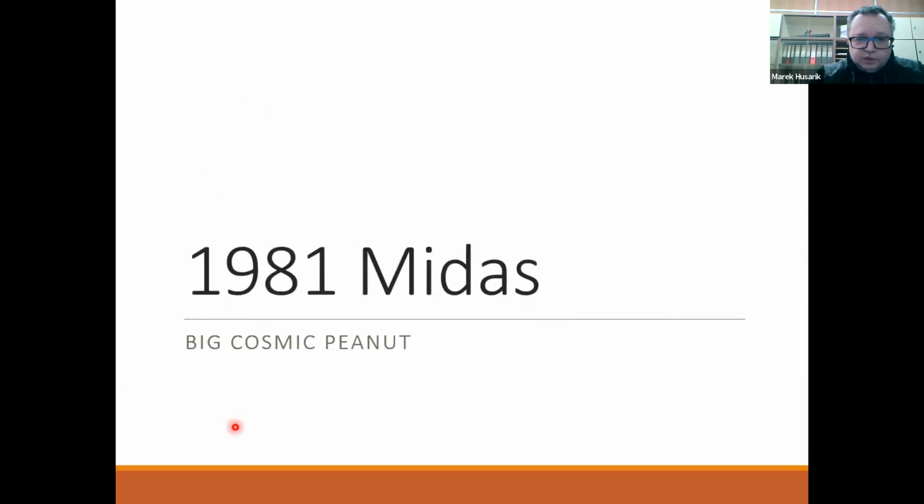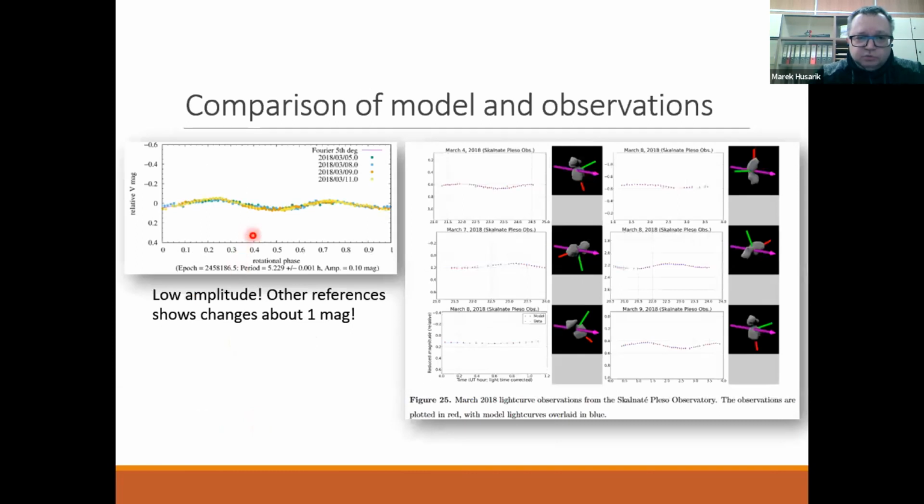So here is the first NEA. It was a very nice object to observe. When I observed it for the first time, I got a very low amplitude in my light curve. So I tried to find where the problem was, because the literature says that the amplitude is about 1 magnitude.